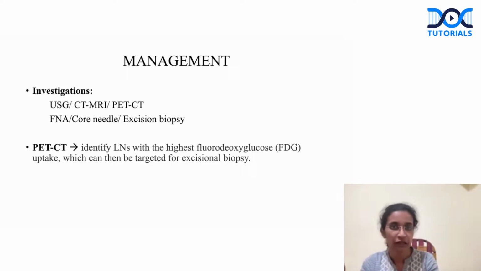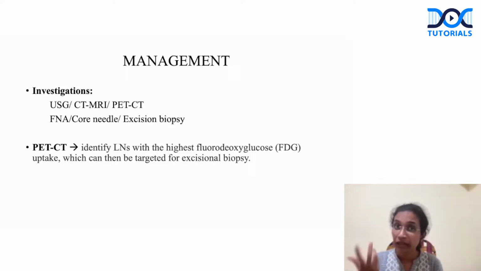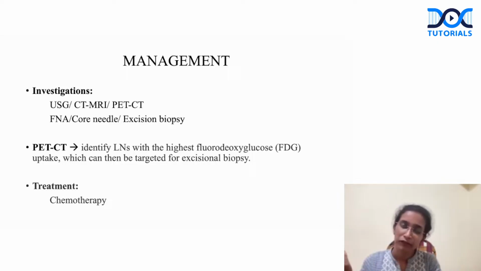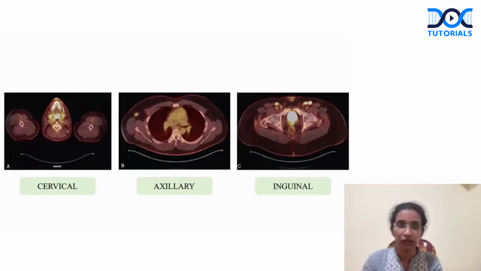Say, for example, there are multiple lymph nodes in the cervical region, axilla, and inguinal region, and you need to decide which node to target for the excision biopsy. That can be decided based on the PET CT. And treatment for lymphoma is chemotherapy. We have regimens like CHOP and R-CHOP, rituximab CHOP regimens. Chemotherapy is the main way of treatment for lymphomas.